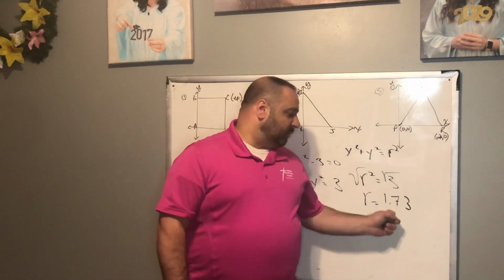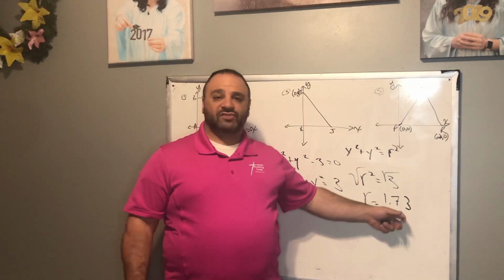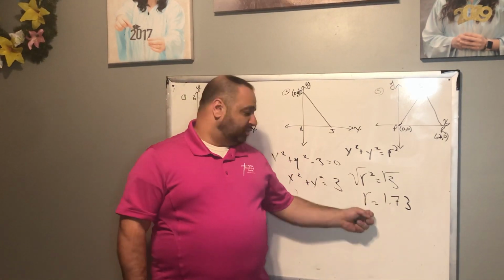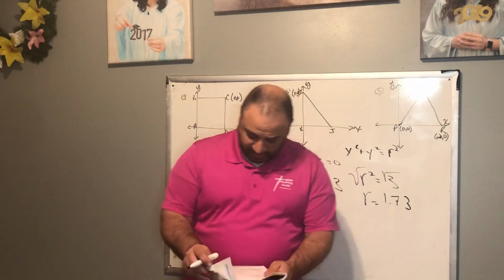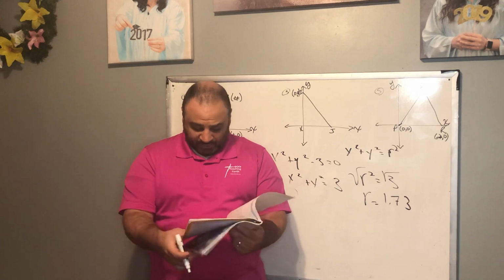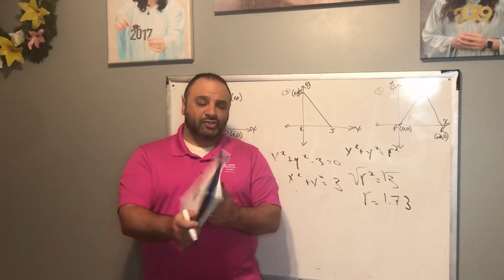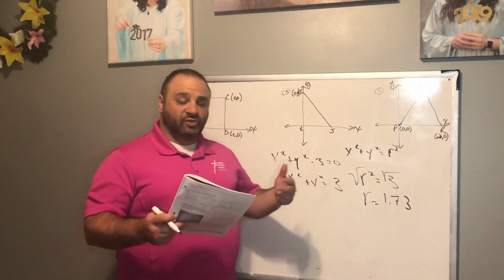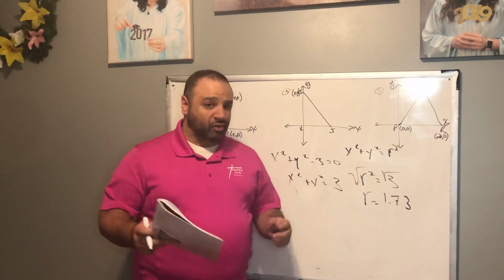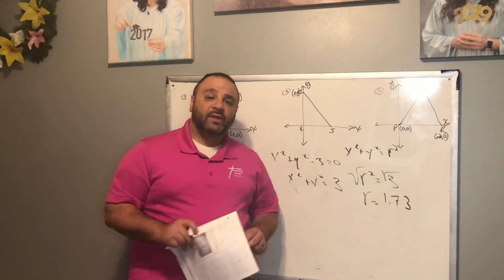Anytime you're dealing with decimals, it's obviously not going to be totally accurate, but you want to be closer to 2 on those graphs. Then look at page 36. We also learned how to graph circles whose center is anywhere on the graph, not just at the origin.